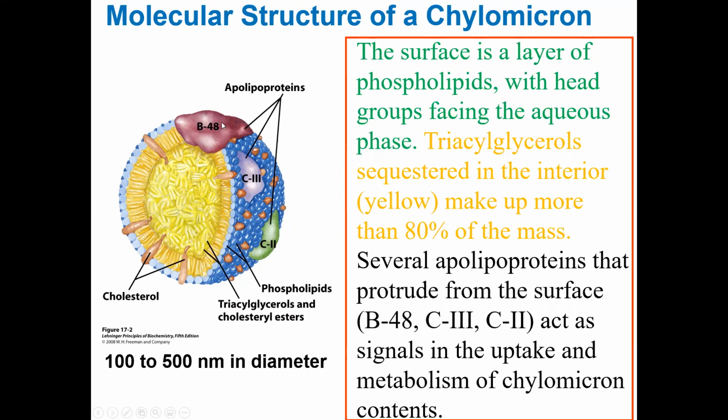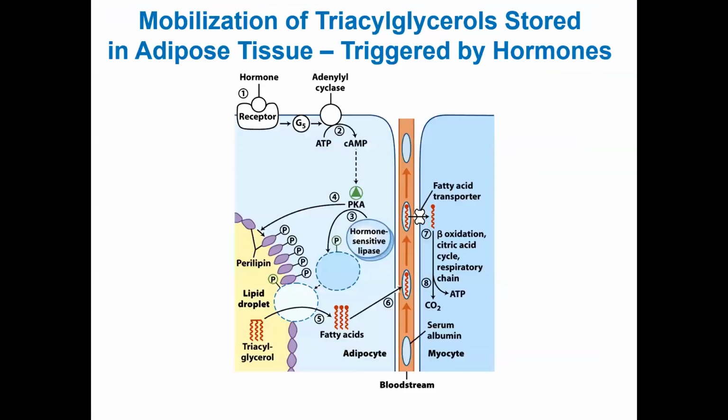Those proteins protrude on the surface of the chylomicron, and they are very important in recognizing the lipoprotein lipases that line the inner surface of either a myocyte or adipocyte. You can see that 80% of the mass is inside, packed. So it is quite rich in fat. Cool, right?